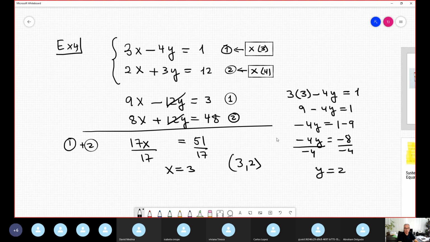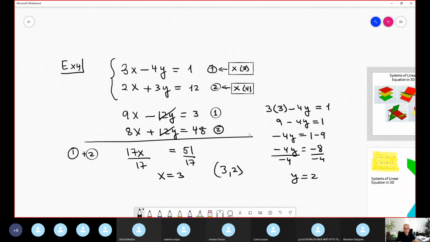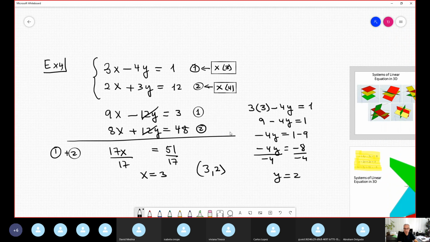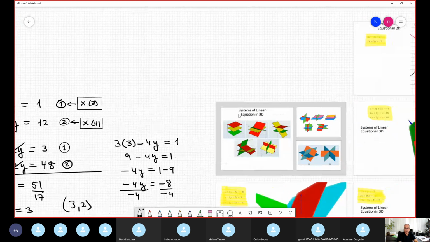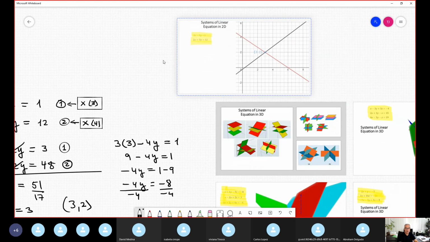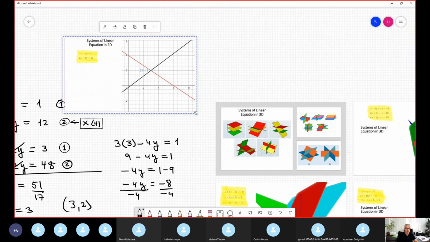(3, 2). So this is the classical example in which you have a unique solution because the equations are linear independent. And also, let me see, I bring the graph here for this example. Look, let me show you.